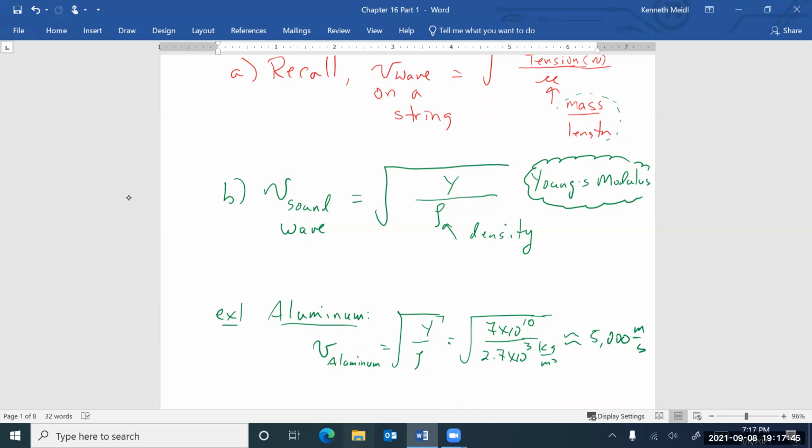So it goes very fast through a solid, which might make conceptual sense since the molecules are so close together. It's very easy for them to knock the neighbor, and you have this domino effect, the wave going through the material. That's what creates the little ping sound when you're down at the other end.